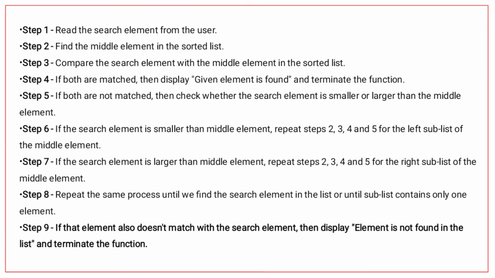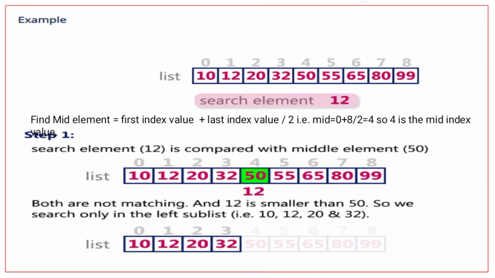Now we consider example. Consider the following list of elements and the element to be searched. List of elements 10, 12, 20, 32, 50, 55, 65, 80 and 99, and the search element is 12. Step 1. Search element 12 is compared with the middle element 50.